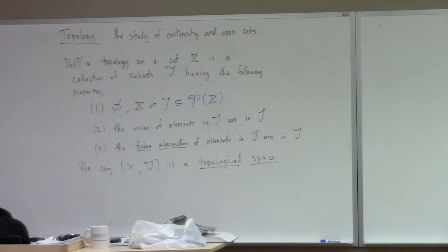So that, of course, includes the empty set and the whole set. So the topology is some subset of the power set, right? So one kind of silly example of a topology, you give me any set, and you could say that the power set's the topology, right?